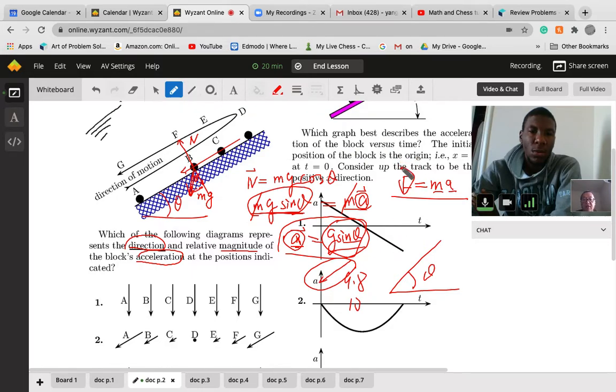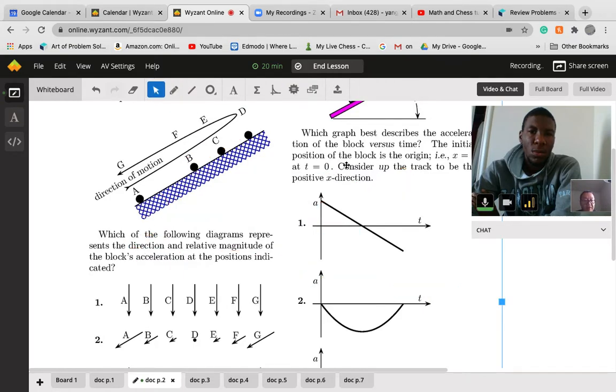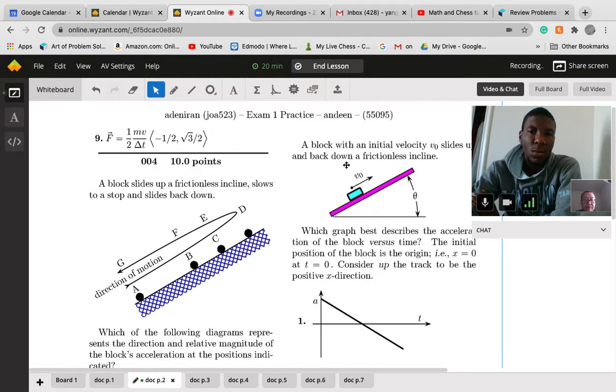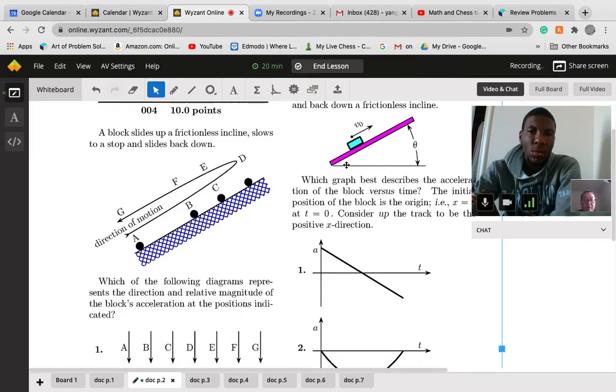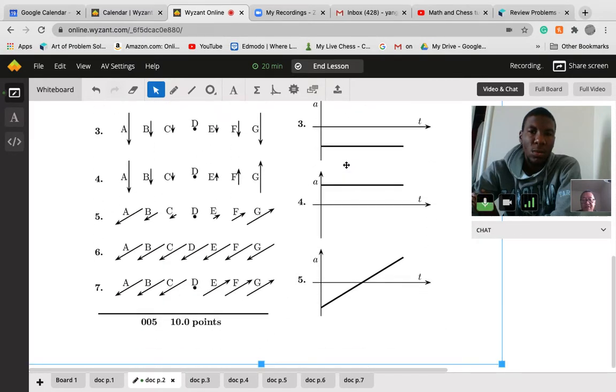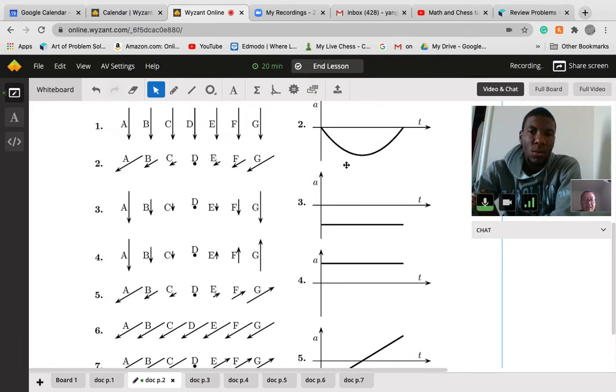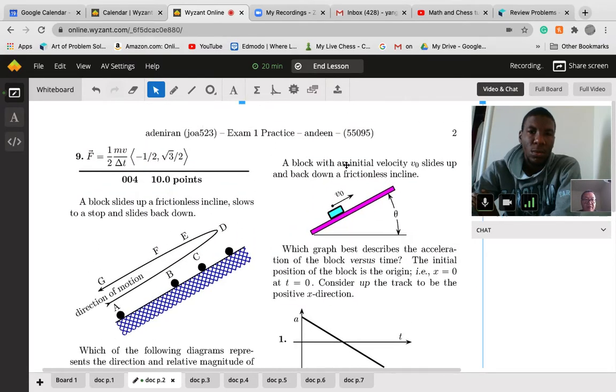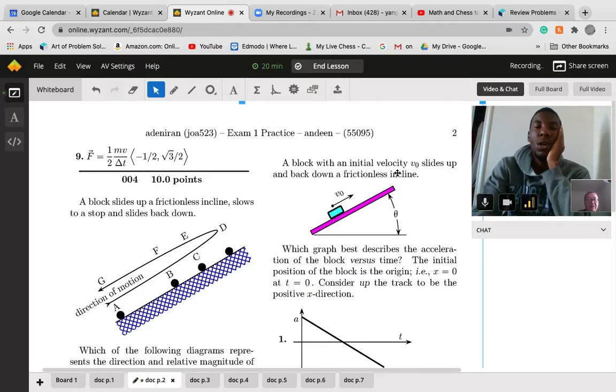Okay, now let's go to number 5. Number 5 is similar to this. Say this is number 5. Now, can you read this number 5? Read this part.